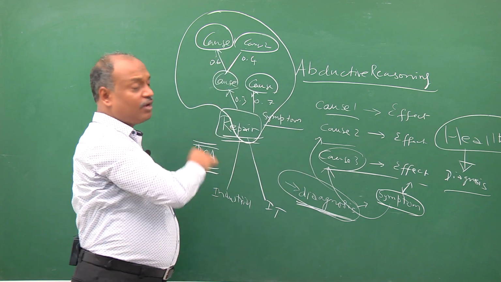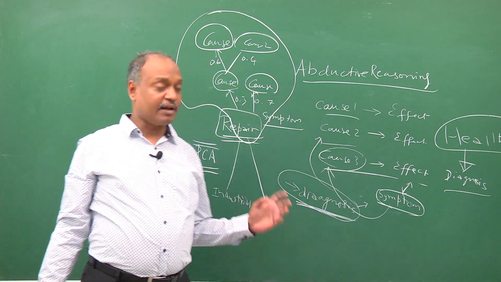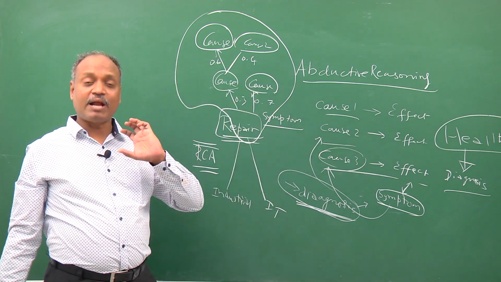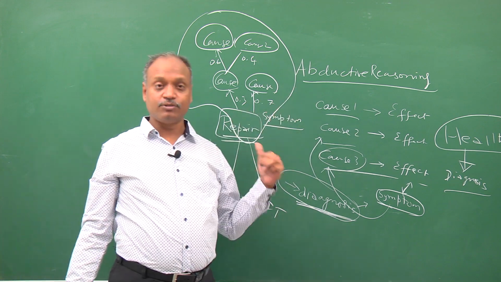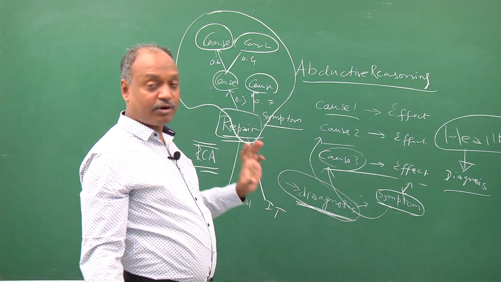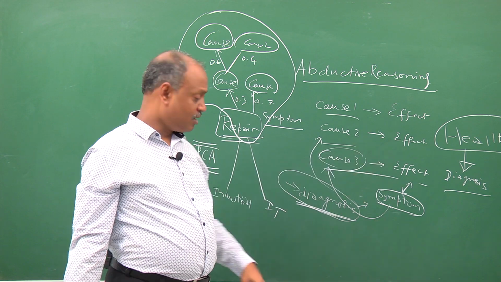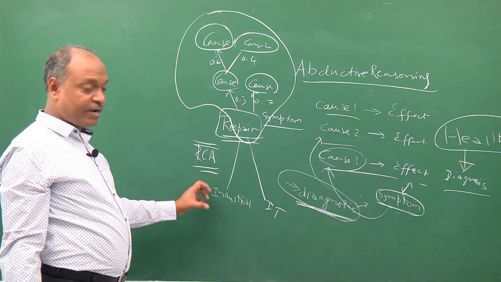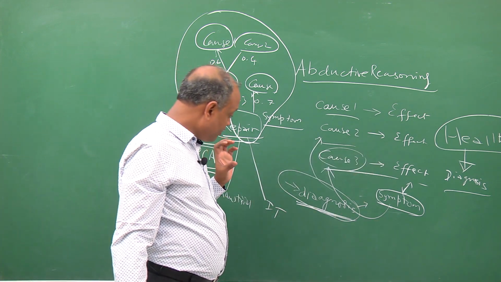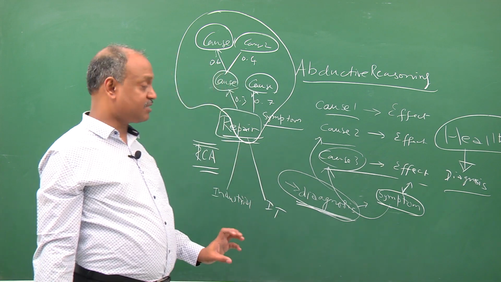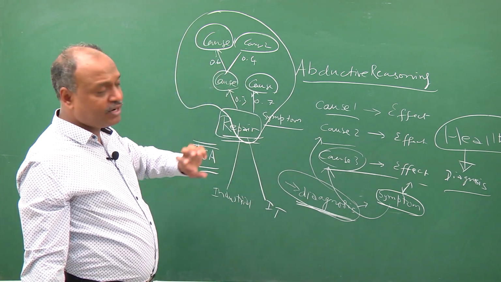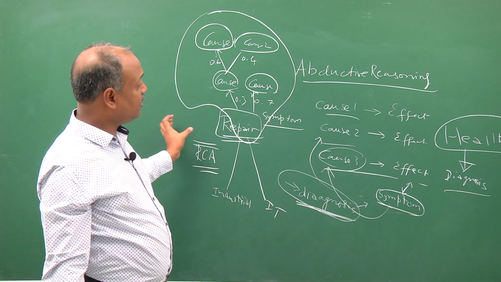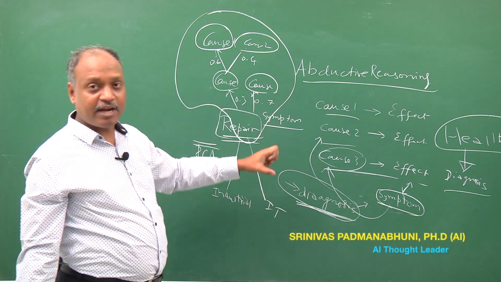So such kind of diagnostic networks are an important AI application where abductive reasoning is used, especially in context of either healthcare or industrial repair or IT systems maintenance, etc. And there are several machine learning and other variant algorithms which are able to take this kind of an approach.